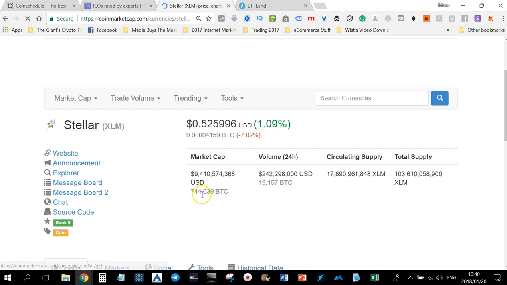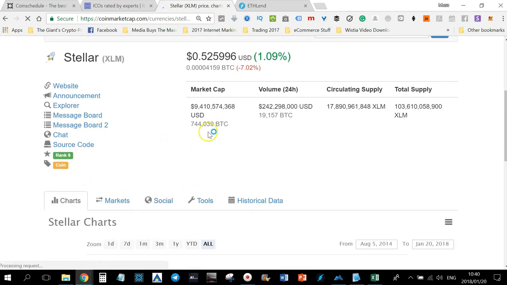So Stellar is ranked at number 9 on CoinMarketCap, and it's less than $1, which is good. The trading volume is very high, 242 million, but the total supply is a little bit high. It's 103 billion. Now remember, 0x was only 1 billion, but this one total supply is 103 billion.